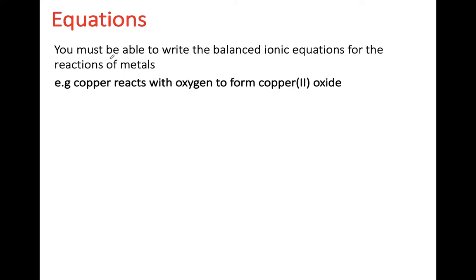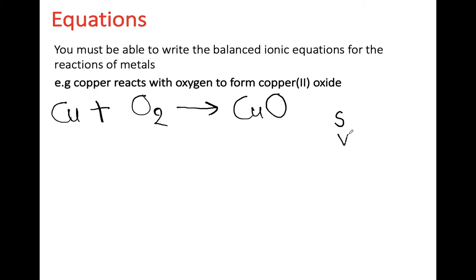So what we have is copper, which is Cu, reacting with oxygen, so plus oxygen gives copper oxide. Now, I know this formula off the top of my head. If you did not, you would use S, V, S, D, F to work it out.